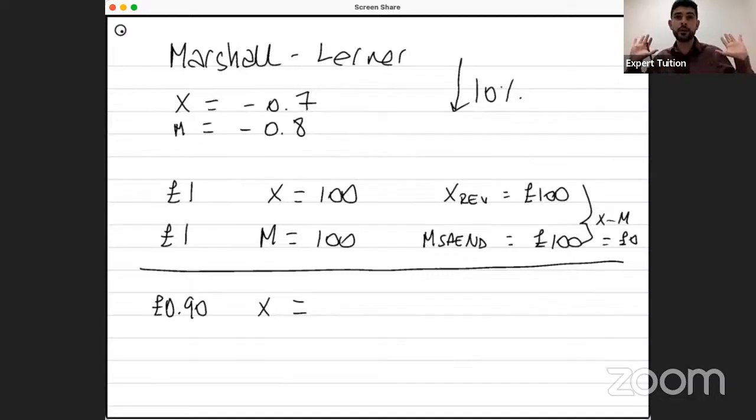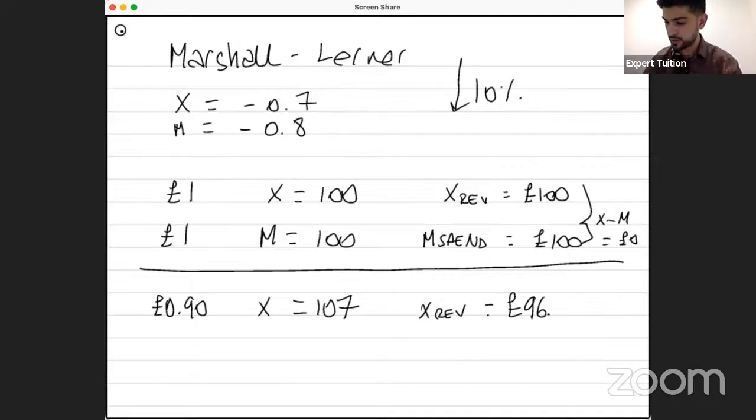I chose 100 for you guys on purpose. What's a 7% increase on 100? Obviously 107. Someone can do that in the chat for me. Whatever 90 pence, so 0.9 times 107 is, I absolutely 100% guarantee you it's less than £100. It has to be. Yeah, 96.3. Well, I'll pass your maths. Thank you very much. What happened to the amount of money that I made? My currency depreciated, so you think, oh wow, my current account surely is going to get better. No, not true, because your export earnings are going down.